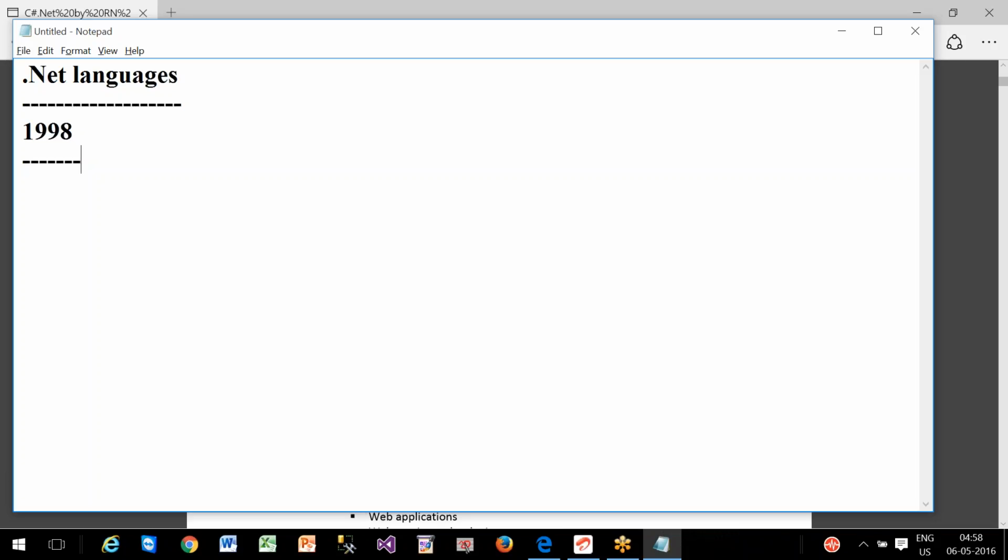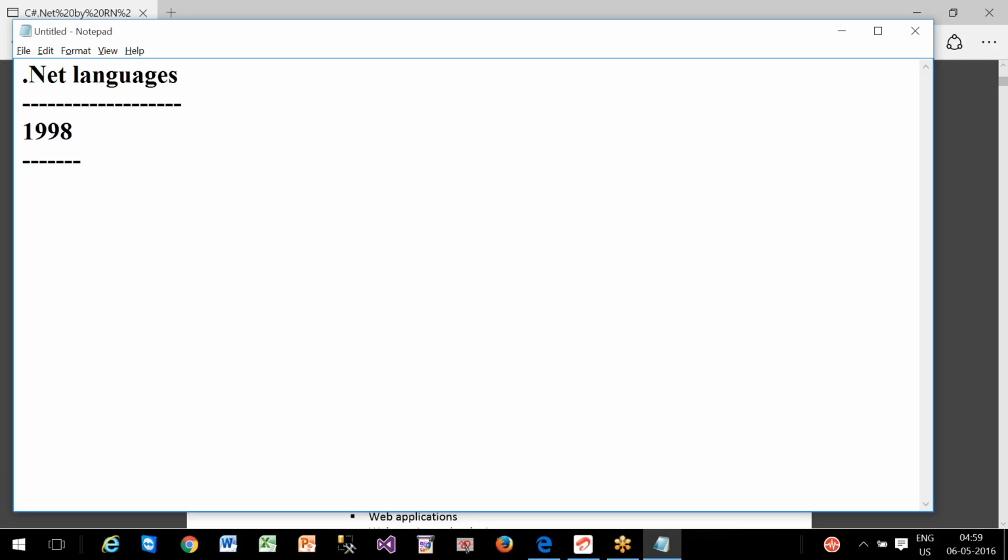Your languages means those from the Microsoft family only. VB people, you come and use your language on my platform, and then your language will be called VB.NET. C++ people can come and write programs on my .NET platform; your language is called C++.NET, VB.NET, C#.NET. Their idea was to give support for multiple languages.